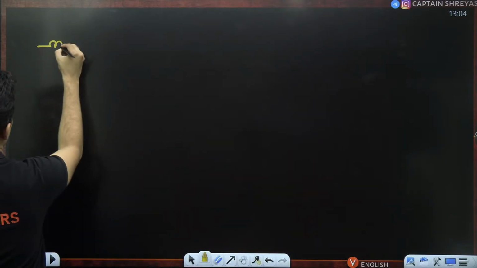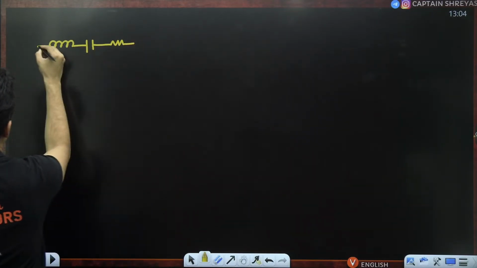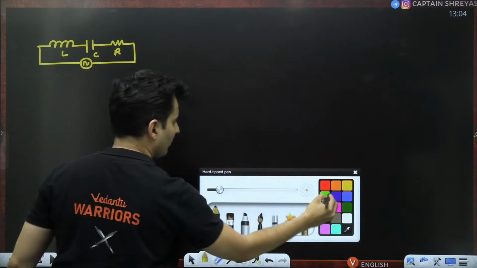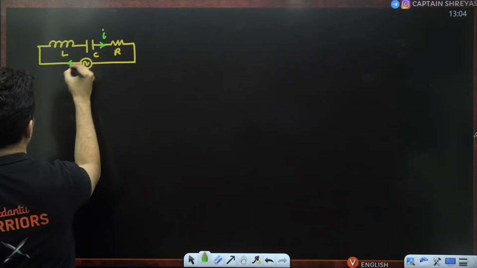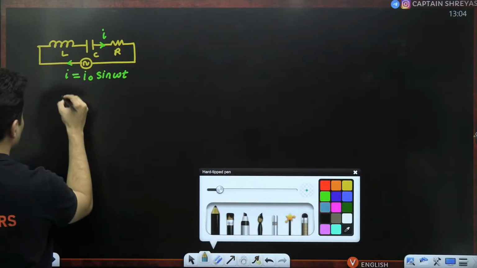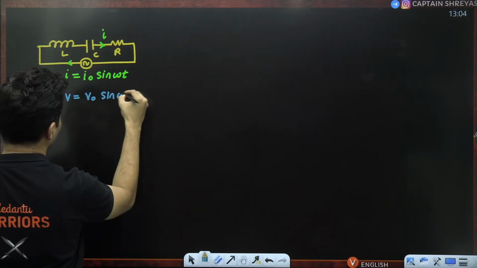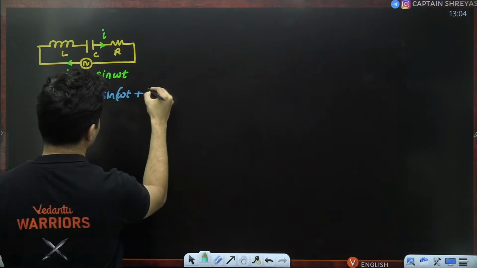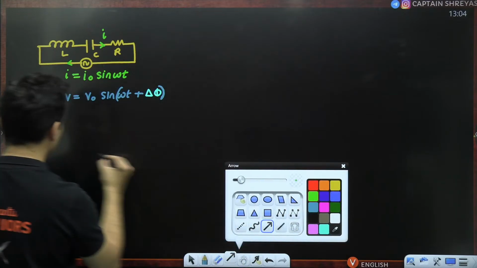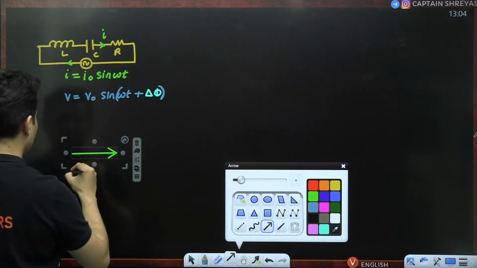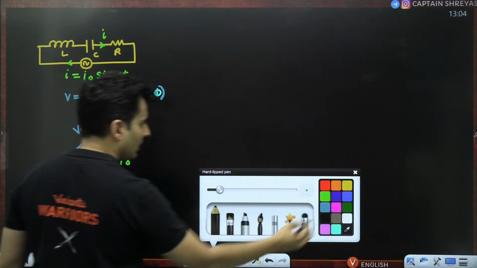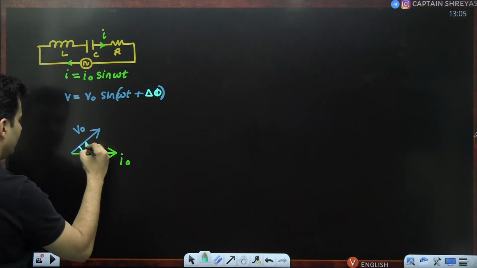So when you have a LCR circuit, this was the voltage and this was the current phasor, this was the voltage phasor, this was V0, this was I0, and there was some angle between them, delta phi.